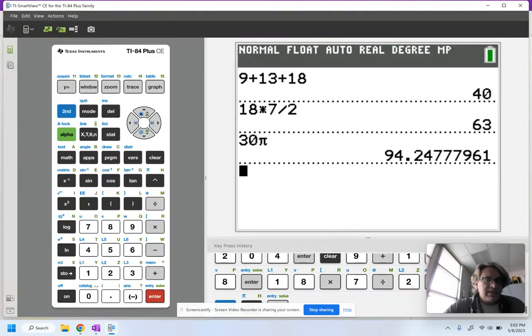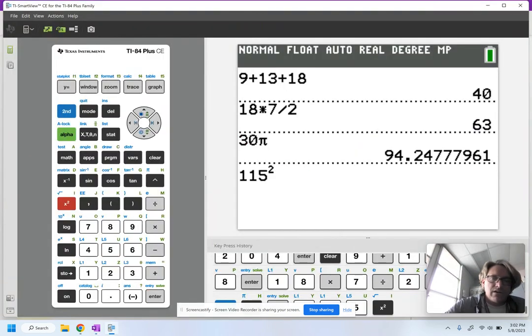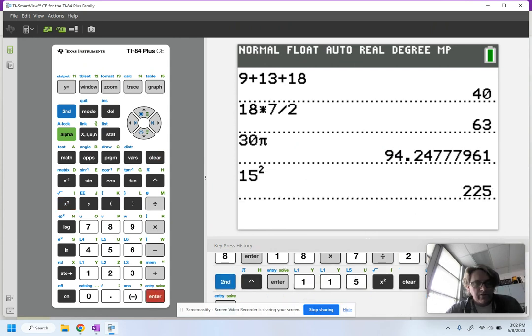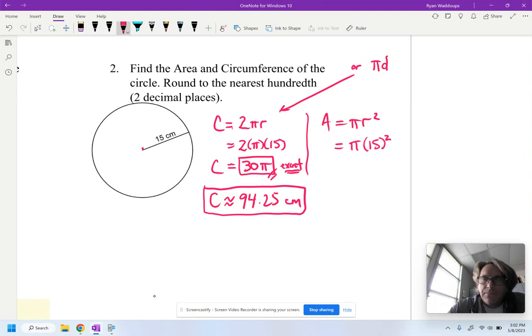And 15 squared is 225. And so the area is exactly equal to 225 pi. That's the exact answer. So if you're asked for the exact answer, that's what you put, 225 pi square centimeters.